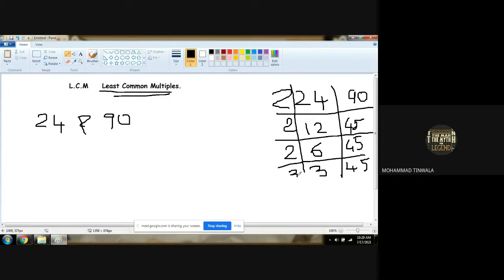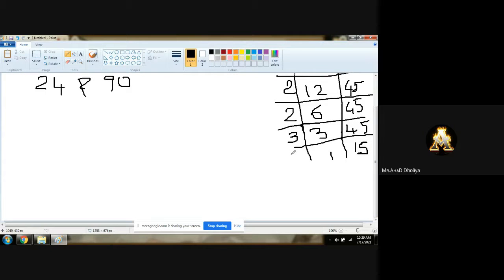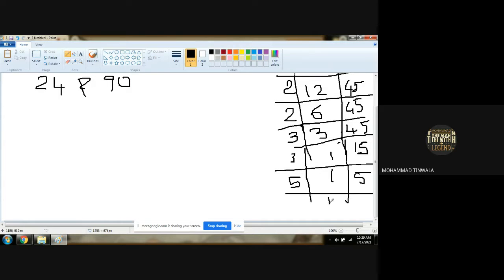Then 3 is the smallest table now. 3 1s are 3, 3 5s are 15, so 3 15s are 45. Am I correct or wrong? Correct. Then 3 again. 1 will be as it is, 3 5s are 15. And the last one we have is 5.